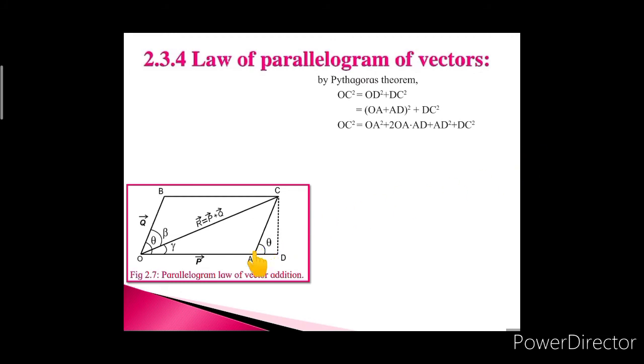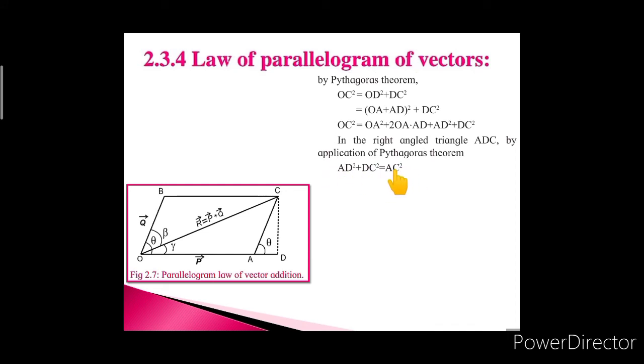Now let us assume the right angle triangle ADC, and we apply the Pythagoras theorem here. So the diagonal AC square is equal to AD square plus DC square. So AD square plus DC square is equal to AC square.